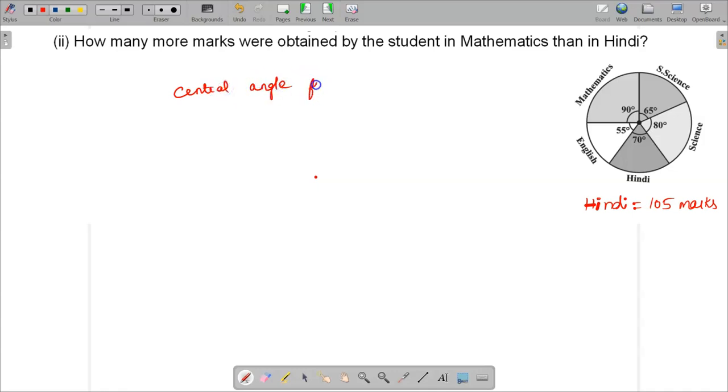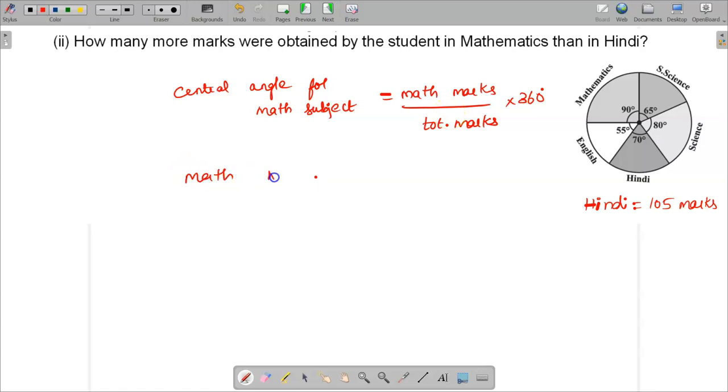So the central angle for the math subject is, what is the formula? Math marks divided by total marks into 360 degrees. We don't know the math marks, and math marks only we are going to find out.